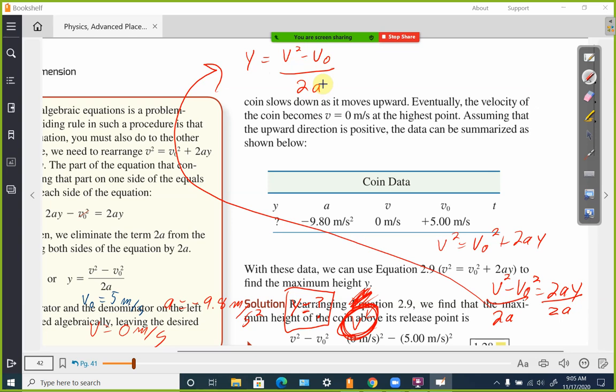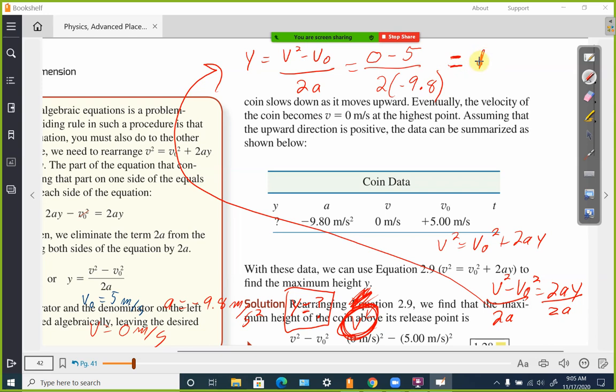And do we have all of that stuff? Well, sure we do, because v is 0. So 0 minus 5 squared, all over 2 times negative 9.8. And what do you notice that my outcome is going to become, positive or negative?